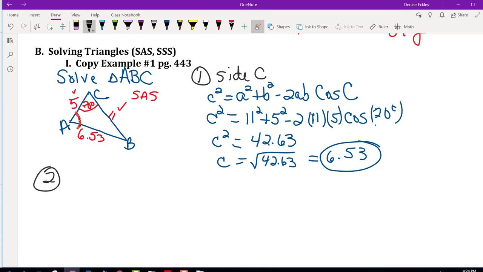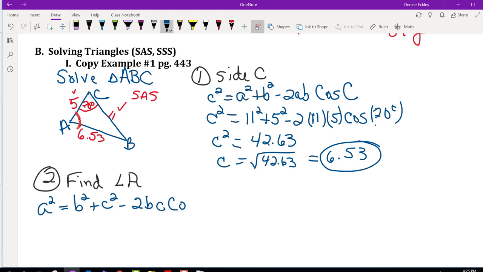So our second step is to find angle A, and I'm going to find the larger one first. I'm going to do that by using the law of cosines again. Now, there is a form of this, if you want to memorize it, that's solved for cosine. It looks like this, and it would be the same, you just interchange the angles.